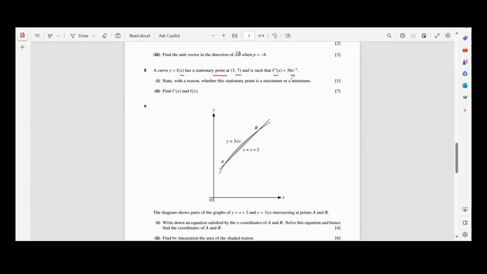To find this, we just directly substitute the x value, which is 3. So the second derivative is 36 times x to the power negative 3, so we have 36 over 3 to the power of 3, so 36 over 27. So it is positive. With a positive value, the nature should be a minimum point.